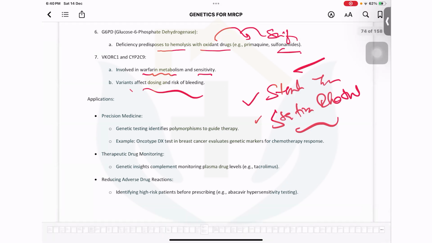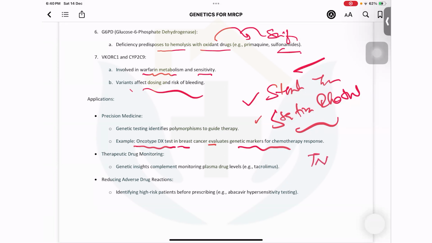Same way, there is an Oncotype DX test in breast cancer, which evaluates genetic markers for chemotherapy response. There is a notorious term in people with breast cancers known as TNBC. What is TNBC? Anyone? It is a very famous term these days in exams.